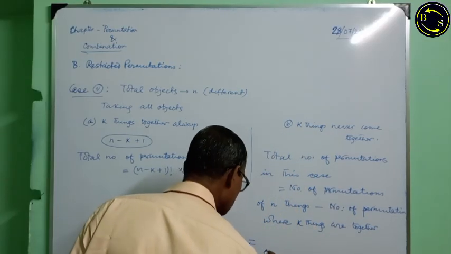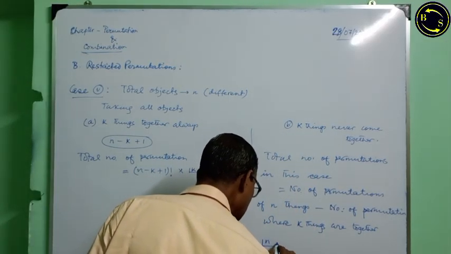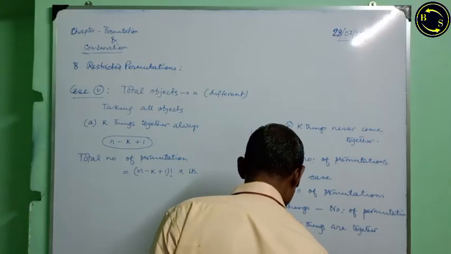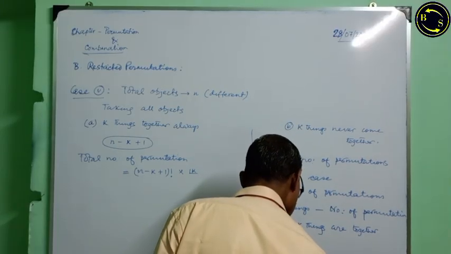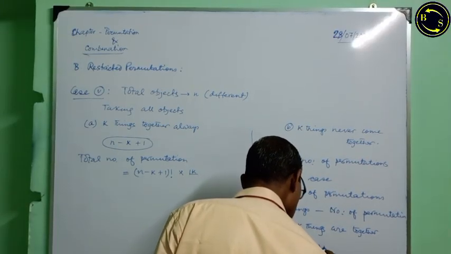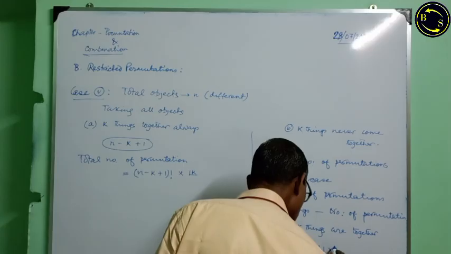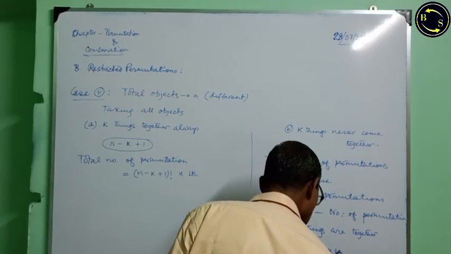That means factorial n minus n minus k plus 1 factorial into k factorial.